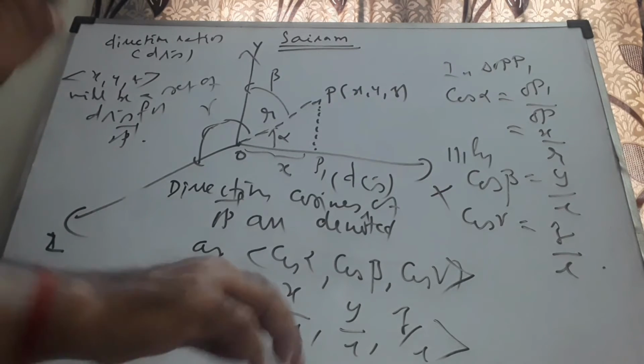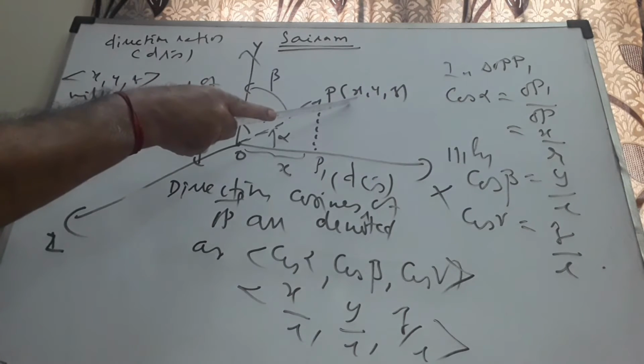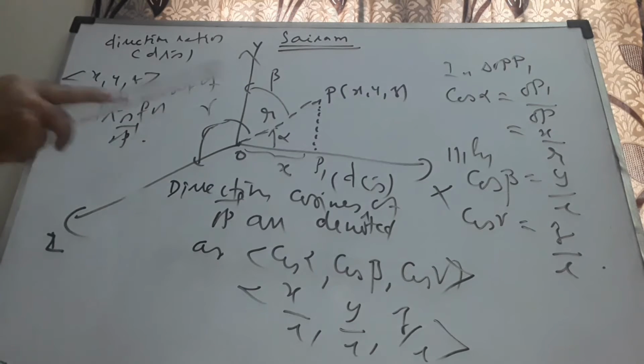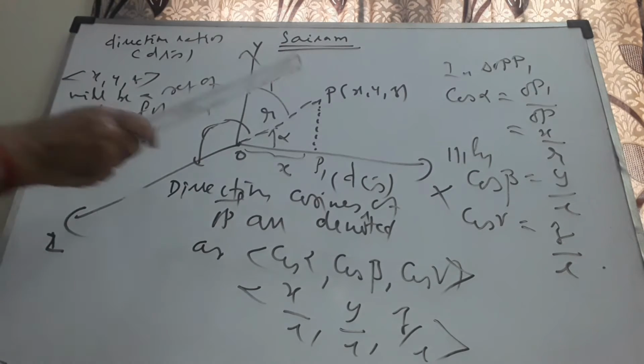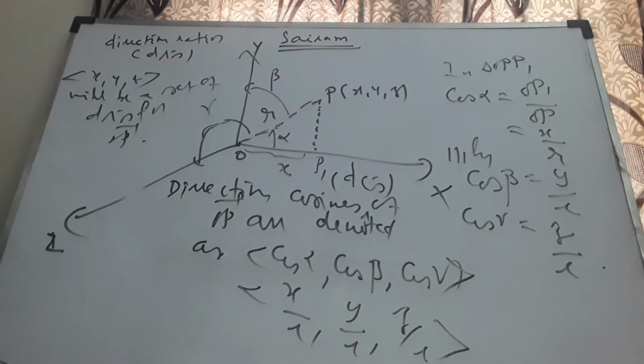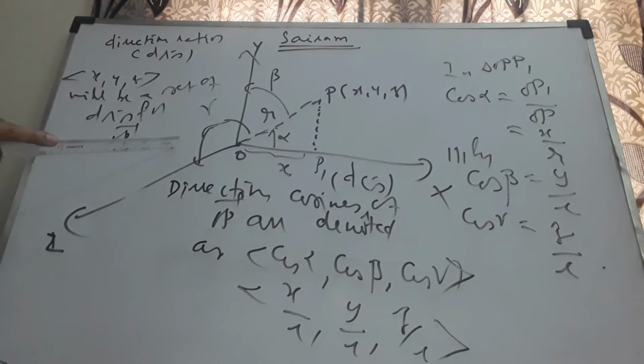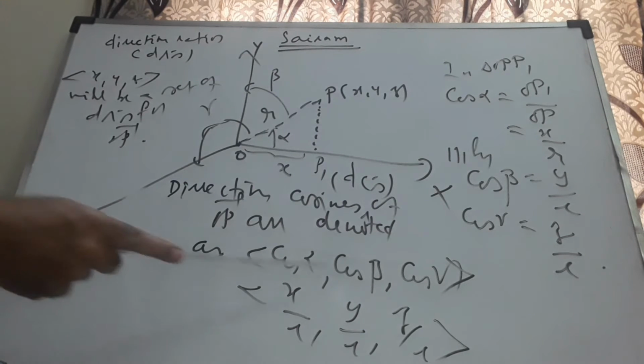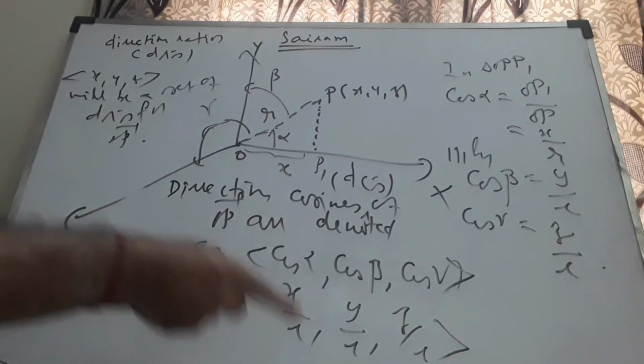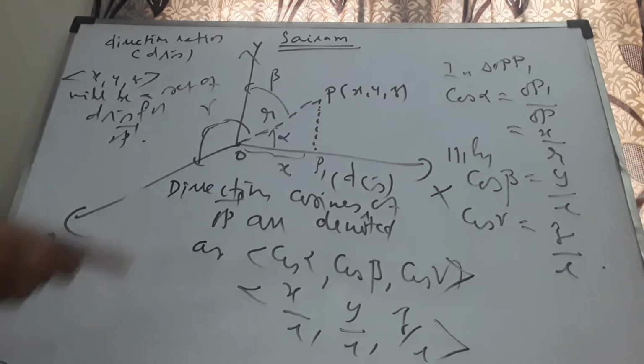Therefore, if I take a general point P(x, y, z) in space, then the coordinates x, y, z themselves will be a set of DRs for OP vector. Or if I extend this as a line, I can even consider a line that makes angles alpha, beta, gamma with the positive direction of x-axis, y-axis, z-axis. Cos alpha, cos beta, cos gamma, that is x by r, y by r, z by r, will be a set of DCs for the line, and x, y, z will be the corresponding DRs of the line.